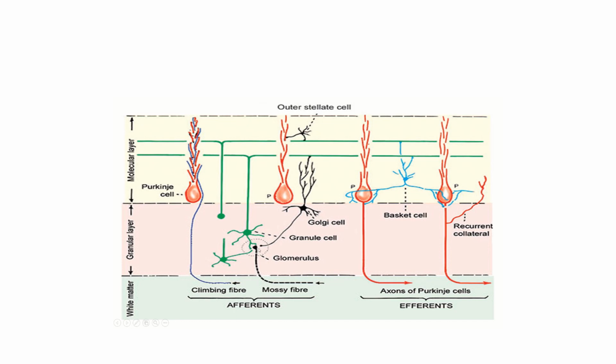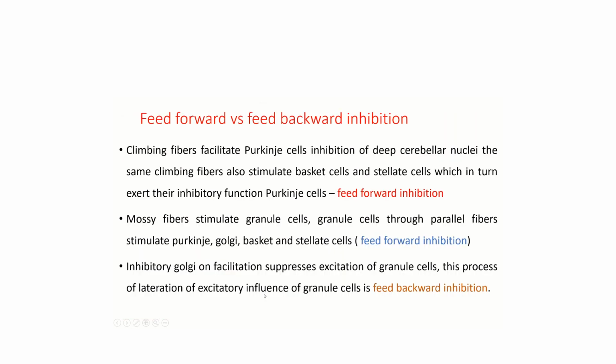In this way, one mossy fiber can stimulate many Purkinje cells, but one climbing fiber influences only one Purkinje cell. You can see the output is solely from the Purkinje cells. These are the output axons from the Purkinje cells. These are the afferents. Mainly the afferents are mossy fibers and climbing fibers. All afferents are mossy fibers except olivocerebellar, which is the climbing fiber.